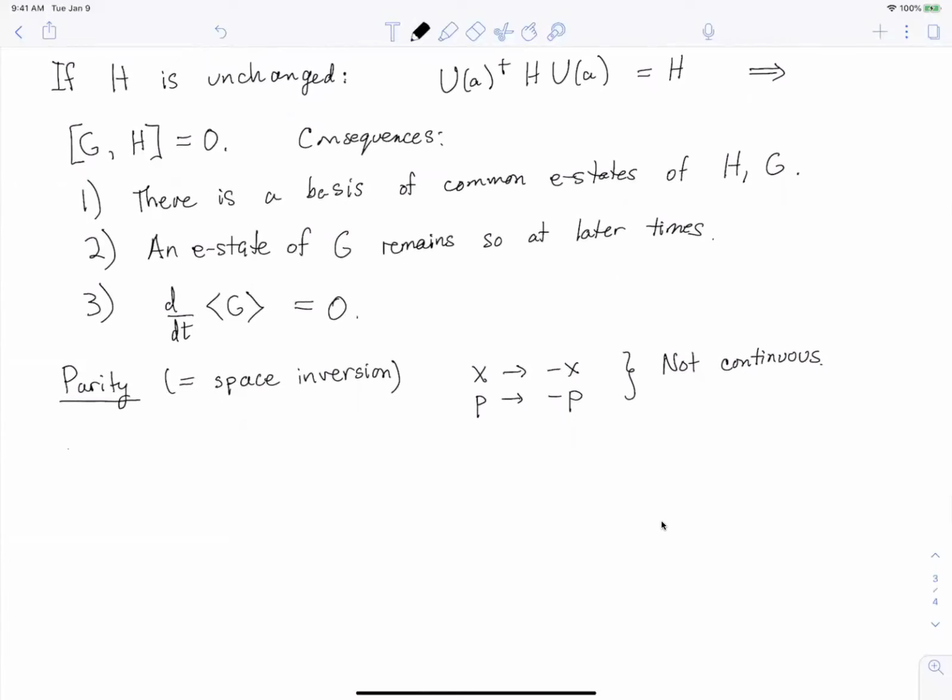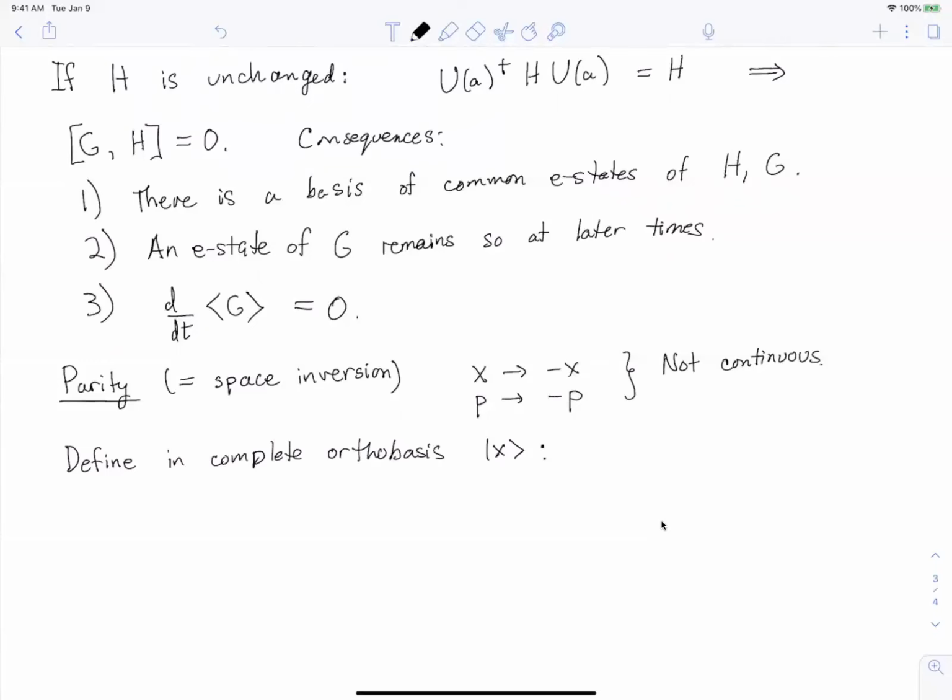So first, let's define how parity works in a basis, in a complete ortho basis. We'll choose the position eigenbasis, x.